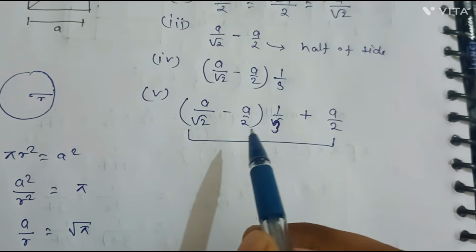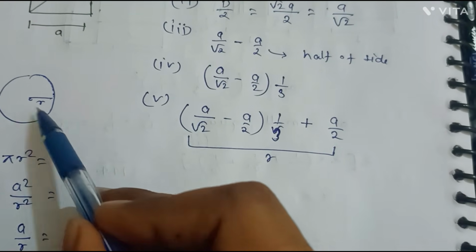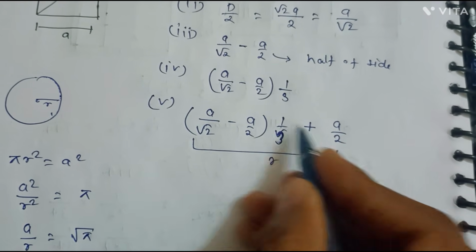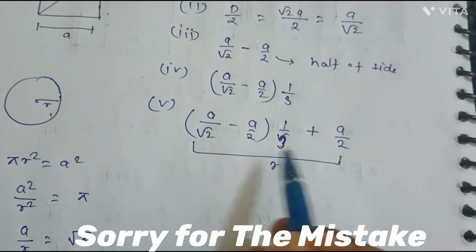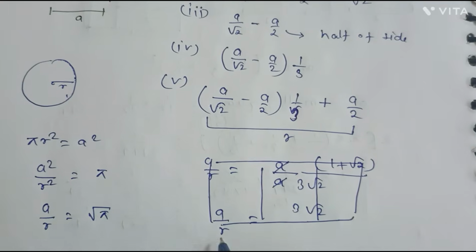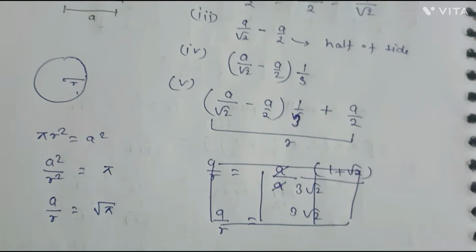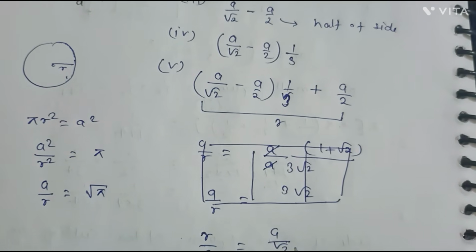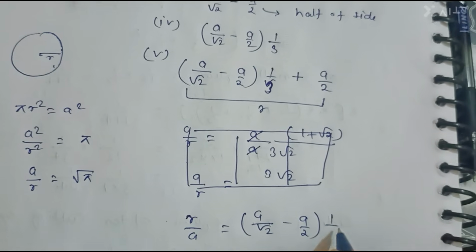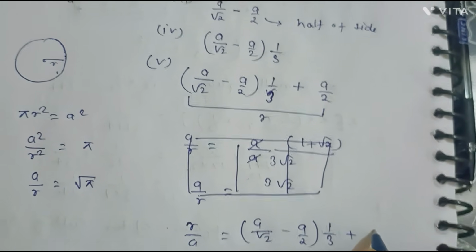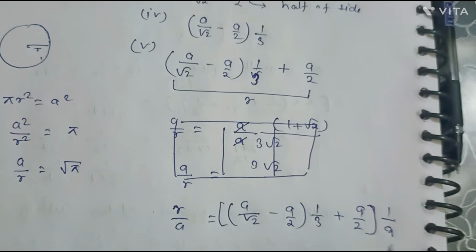Since we have seen that this is the value of r of the circle which will have the same area, r is equal to this number. If we write r by a, that means we divide this whole expression by a. So we get a by root 2 minus a by 2, into 1 by 3, plus a by 2, whole divided by a.